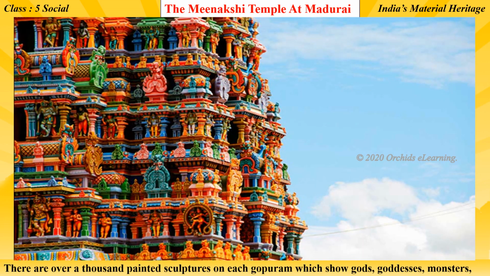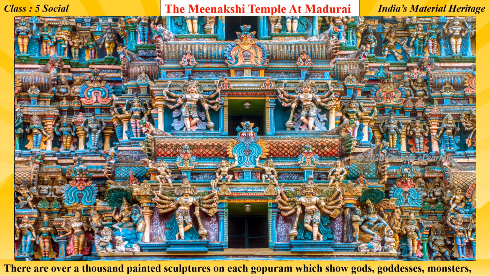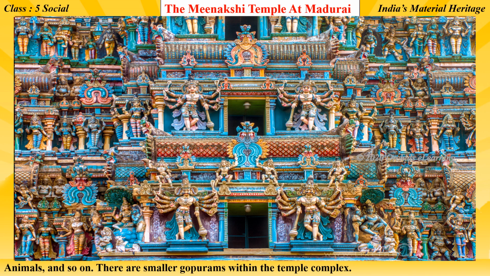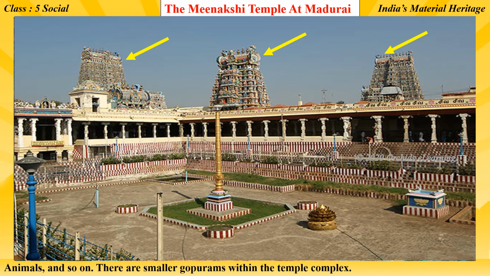There are over 1,000 painted sculptures on each gopuram, which show gods, goddesses, monsters, animals, and so on. There are smaller gopurams within the temple complex.